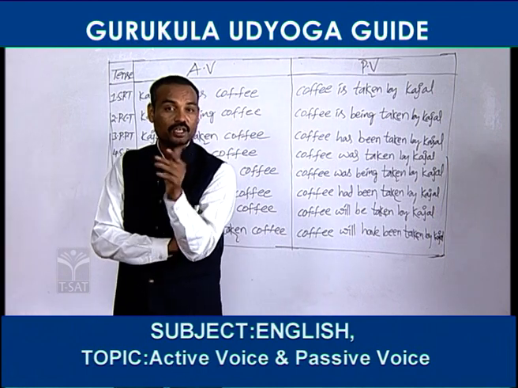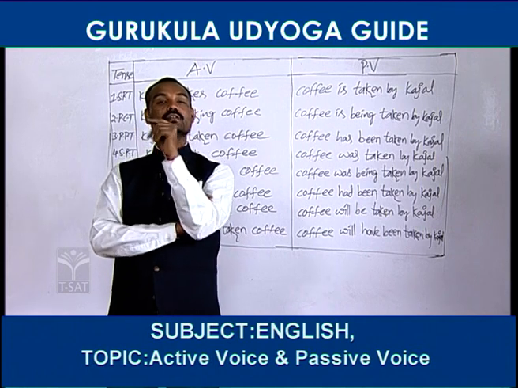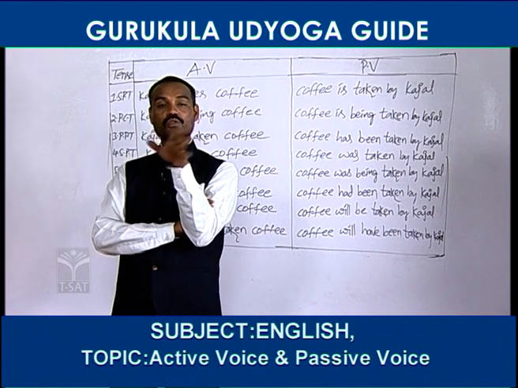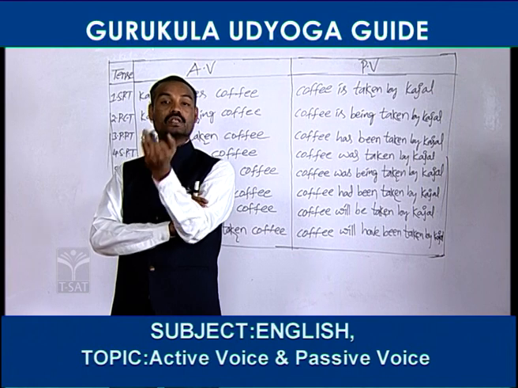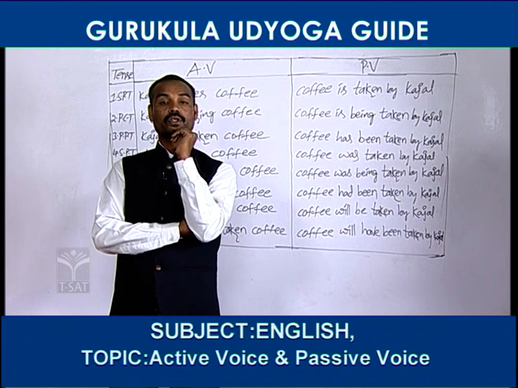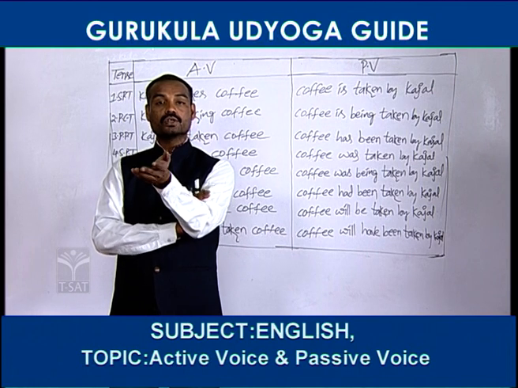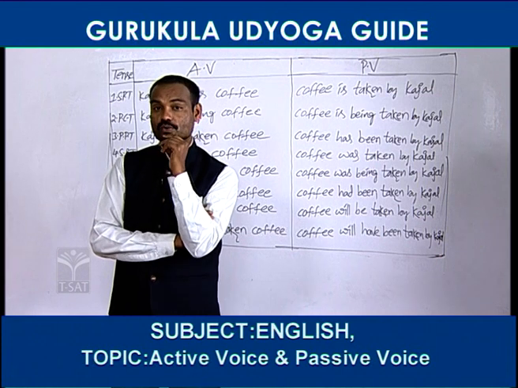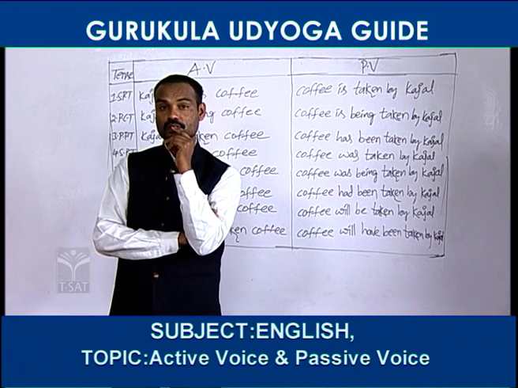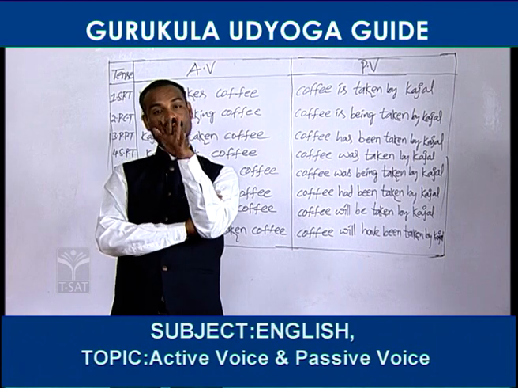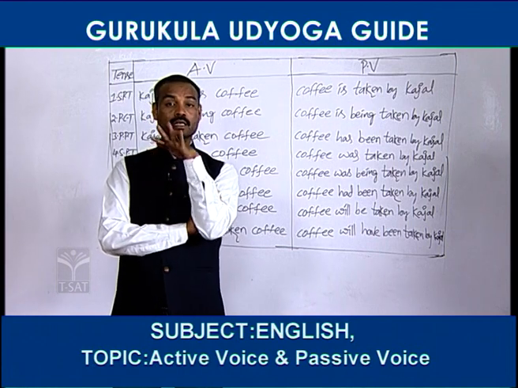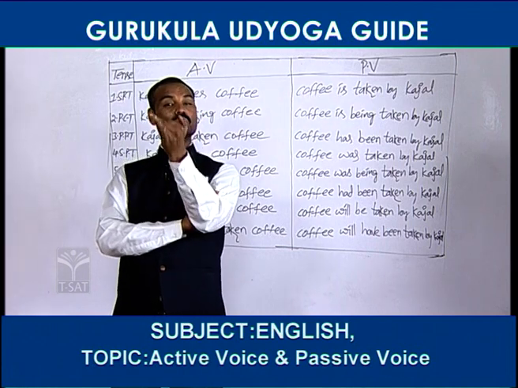Can you take are? You cannot, because tennis is singular. So are should not be taken. So is should be taken. So some of you may ask, sir, was also we can take? No, was can also be used for singulars, but that can be used only in past continuous.